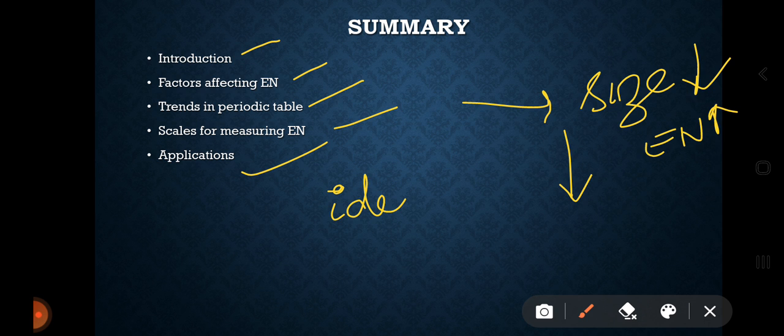Since in HCl there is polarity, although it is a covalent bond, it shows some sort of ionic character. So we have calculated the percentage of ionic character present in the covalent bond. We have seen the formula for that, and also as the percentage of ionic character increases, electronegativity difference also increases. Next we have seen the metallic and non-metallic character.